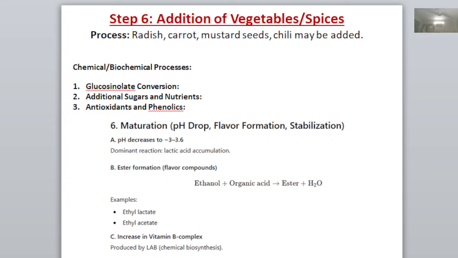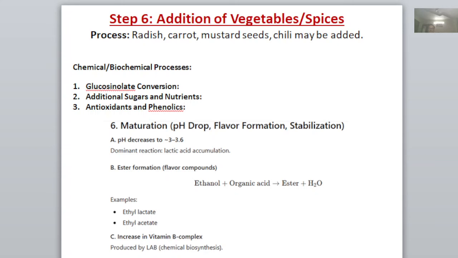Taste comes out due to some specific salt, and flavor comes out due to ester formation, because in the fermentation ethanol has been produced, and these vegetables or spices are going to provide the organic acid.